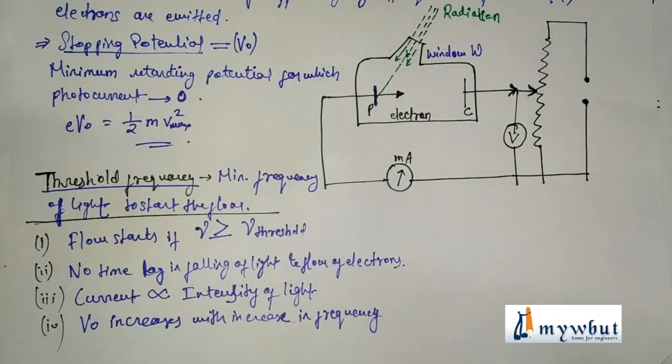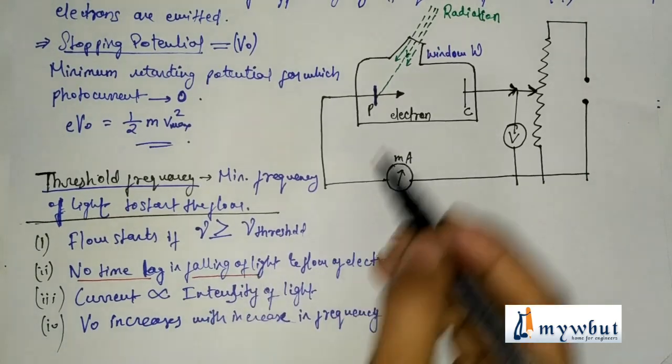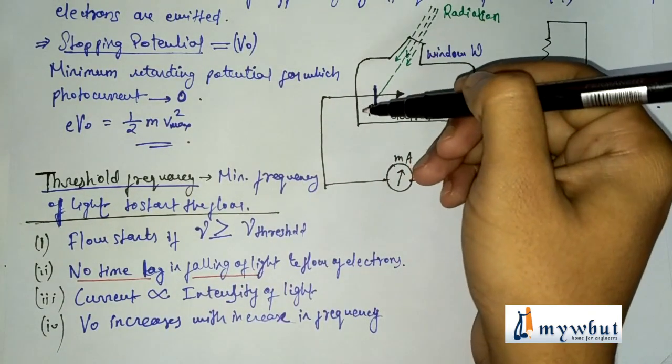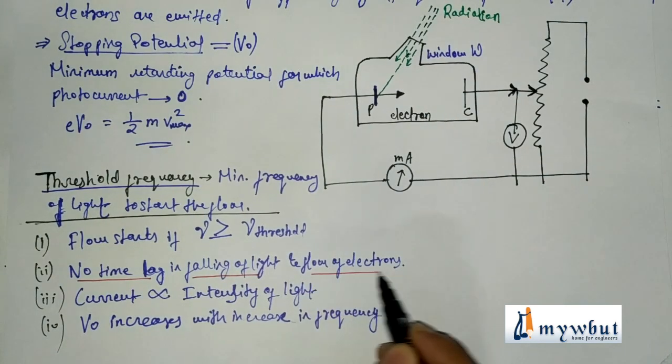That is only the definition of threshold frequency, the minimum frequency after attaining which the flow of electrons starts. Number 2: there is no time lag between the falling of light on the plate, that is the striking of light rays on the plate, and the flow of electrons. It starts instantaneously. So the process is instantaneous.